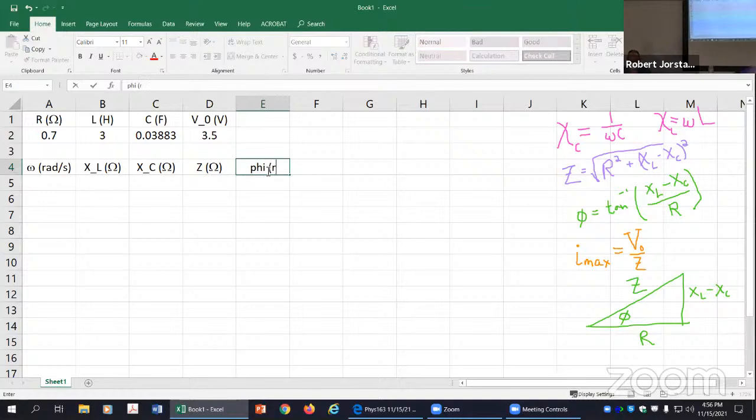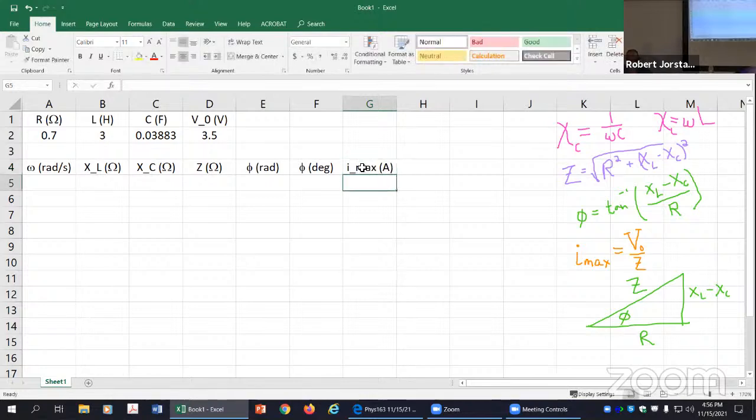When I figure it out, it's probably going to spit it out in radians. If you care, you could get the phase angle, that's F in the symbol font. Well, I may want to get that in degrees because that's what makes sense to most people. We don't think in radians at first. And then the last thing I could get, shouldn't I be able to get I max in amps?